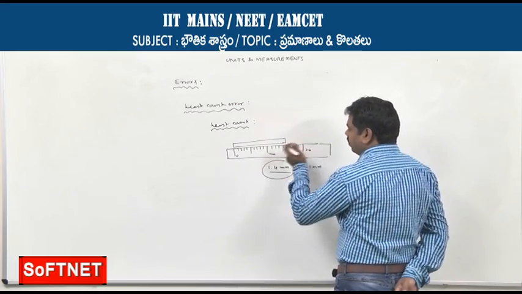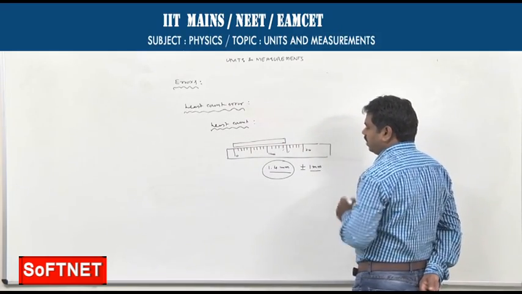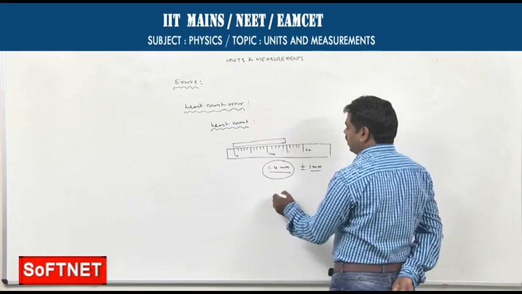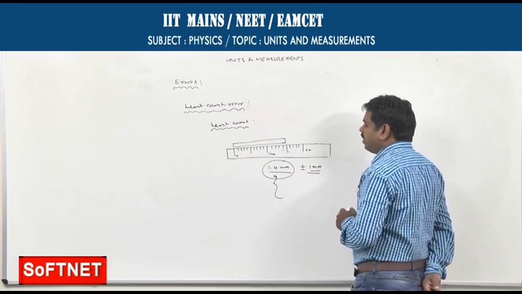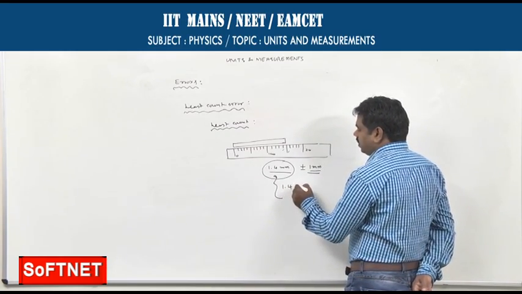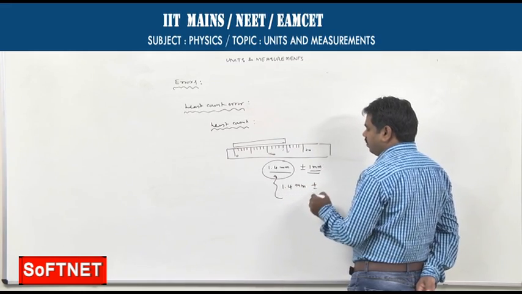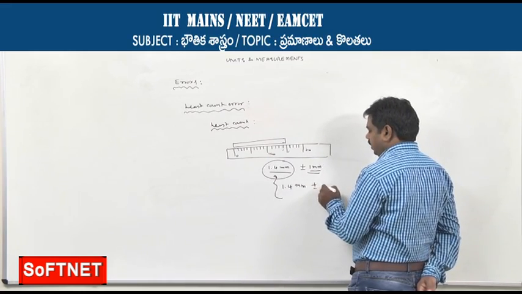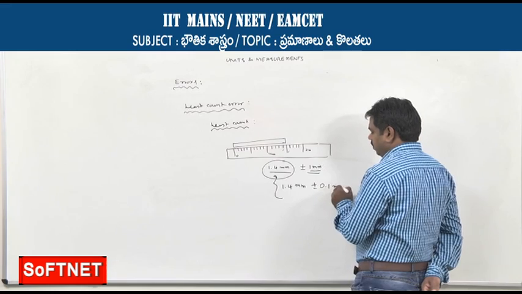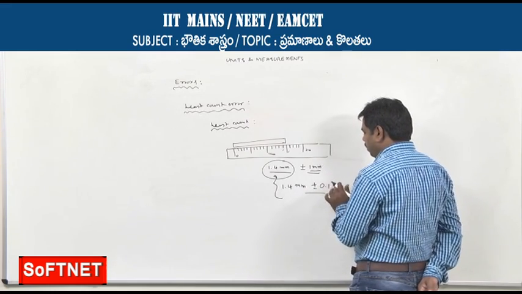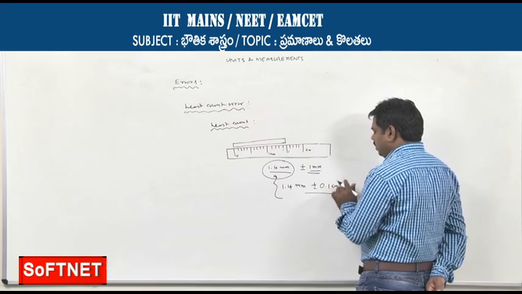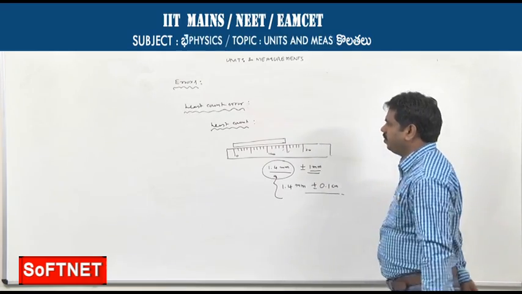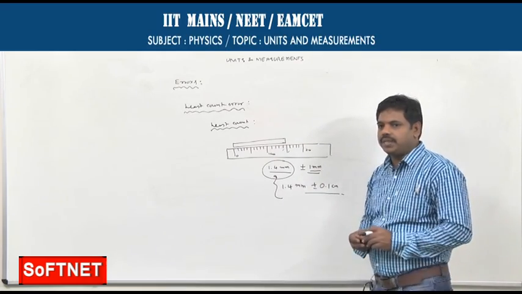So the least count of the scale is 1 millimeter, and hence an error of 1 millimeter will always be present. I can write this value as 1.4 centimeter plus or minus 0.1 centimeter, or simply 1 millimeter. This is called a least count error.